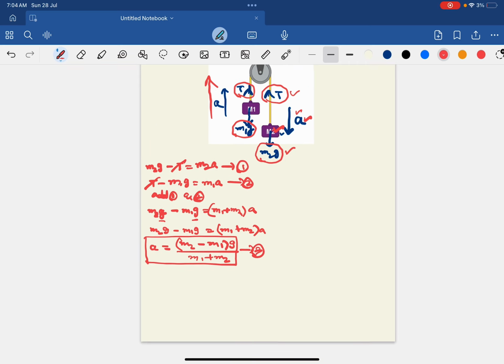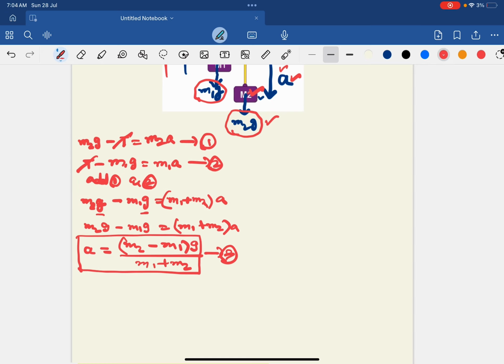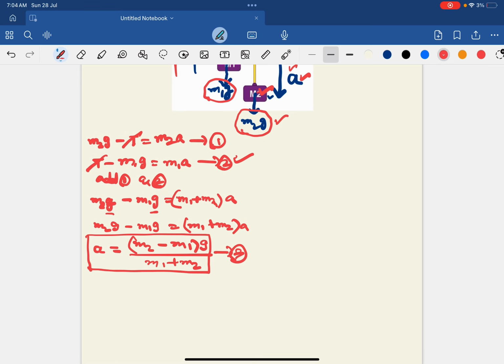After getting this acceleration, next we are going to calculate the tension in the block. To calculate the tension, we will use the second equation. What is the second equation here? T minus m1g is equal to m1 into a. Taking m1g to the right side, minus becomes plus. So T is equal to m1g plus m1 into a.